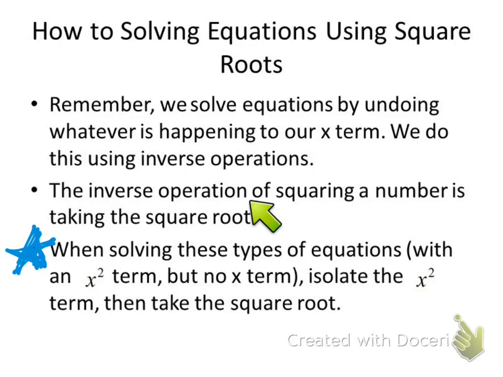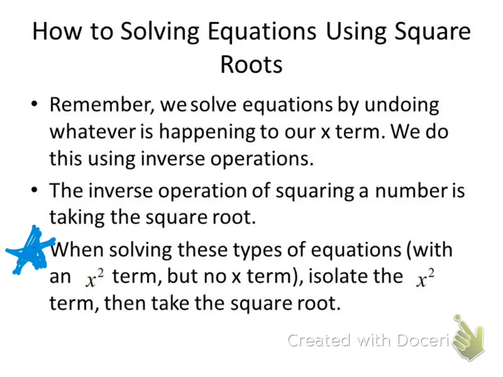Today we're going to look at equations where the x term is being squared. And the inverse of squaring something is taking the square root. That's what we learned how to do yesterday. So when solving these types of equations, we're only talking about equations with an x squared term, no x term.